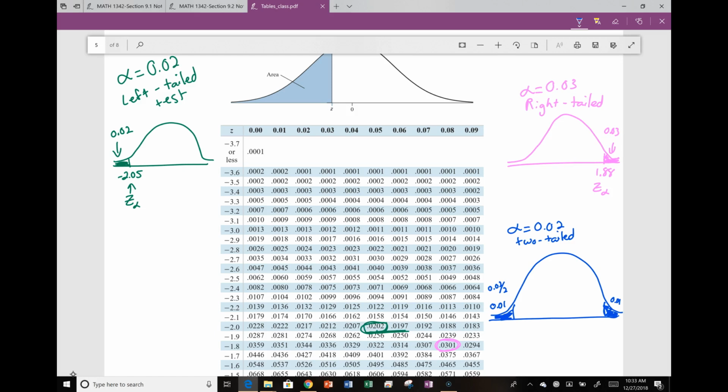Okay? So where I look up a 0.01, this is the one that's closest to negative 2.33, and so this would be a positive 2.33. So my critical values would be negative 2.33 and a positive 2.33. That's where the alpha divided by 2 comes in. I have to divide this by 2 for a two-tailed test before I look it up. So now, again, practice some of these and then let me know if you have questions.